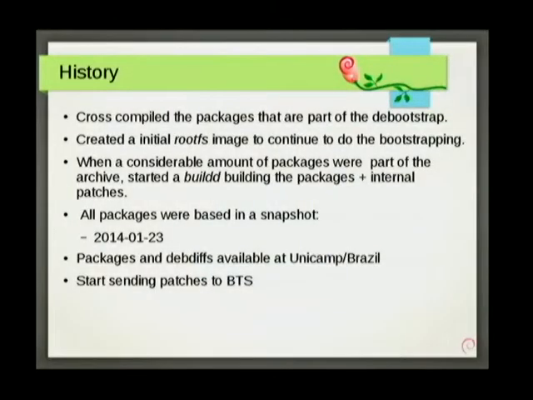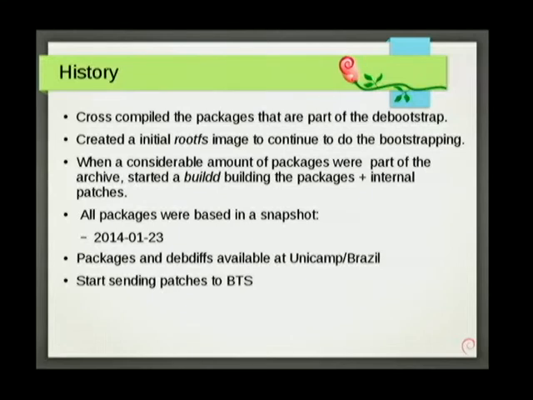I'd like to talk a little bit about the history of how we started. In the beginning we started doing some cross-compilation, created rootfs, and then created a BuildD to build everything. In the beginning we had a snapshot for one day. So we created a script that is able to create a rootfs based on cross-compilation and some native compilation.